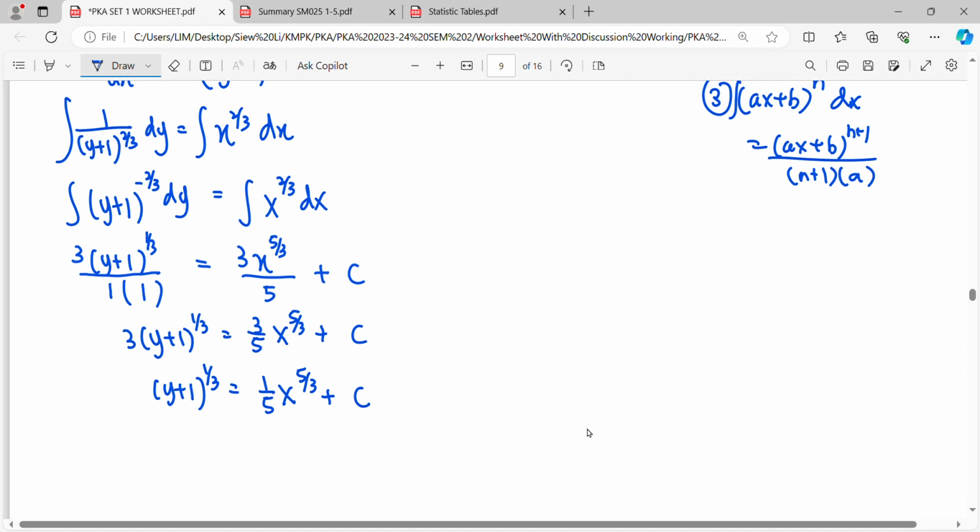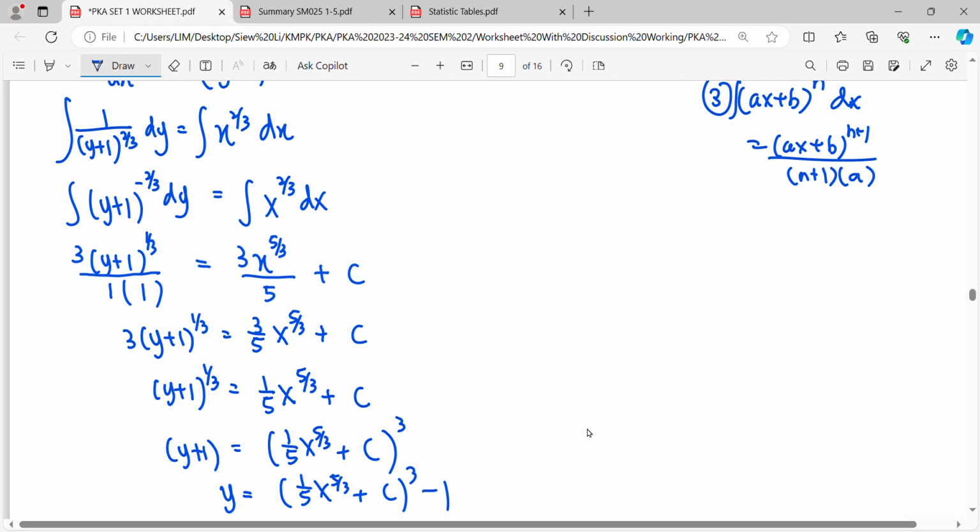Then power of 1 over 3 means this is the cube root. So power of 1 over 3, when we move it to the right hand side, it will be power of 3. Then lastly, y equals to, minus 1. Then this is our general solution.